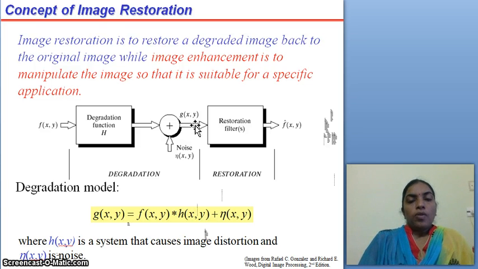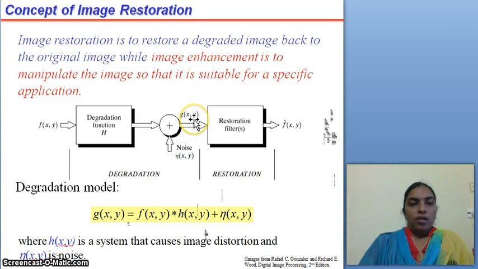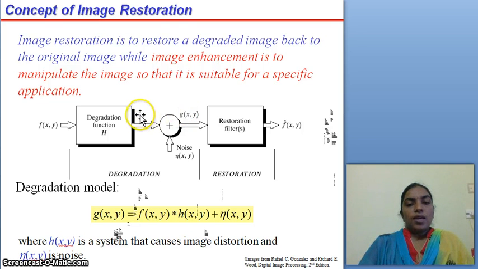Now consider what g of x comma y, the degraded image, is. It is the output of this degradation function. Here the input is f of x comma y and the degradation function is represented as h of x comma y. How can you get the output? By convolving these two in the spatial domain. In the frequency domain, just multiply these two.